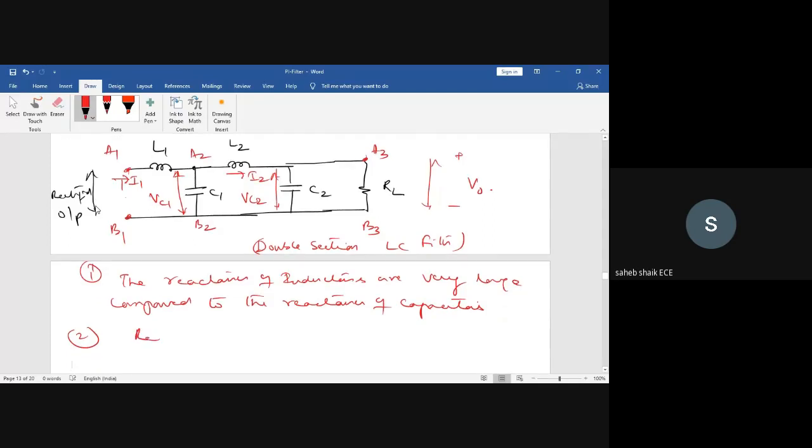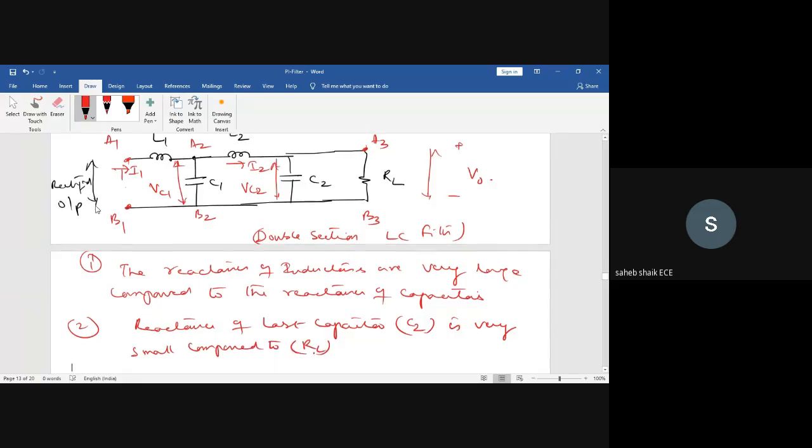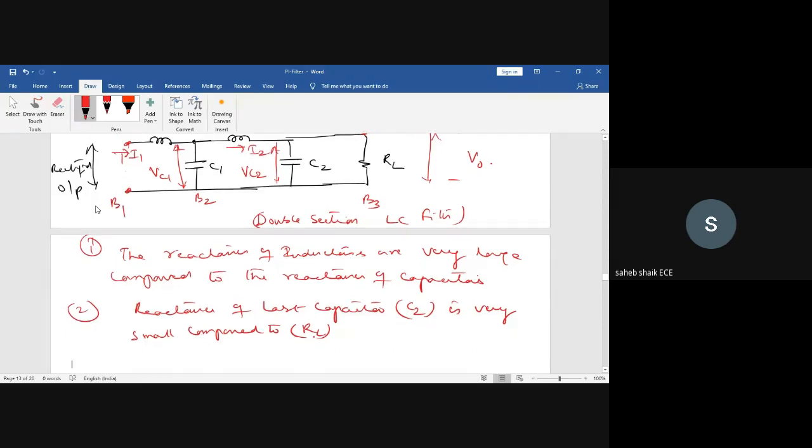And the reactance of the last capacitor, what is the last capacitor here? That is C2. It is very small compared to RL. So these are the two conditions we have to see. The reactance of the inductance is very large compared to the reactance of the capacitor, and the reactance of the last capacitor is very small compared to the load resistor RL.